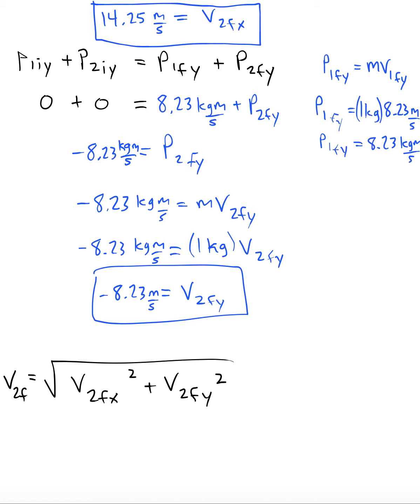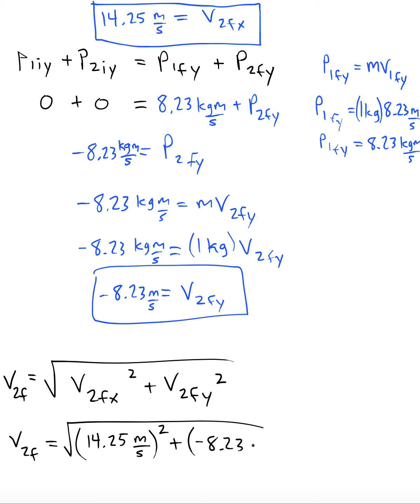That will be the final speed of ball 2, 16.5 meters per second.